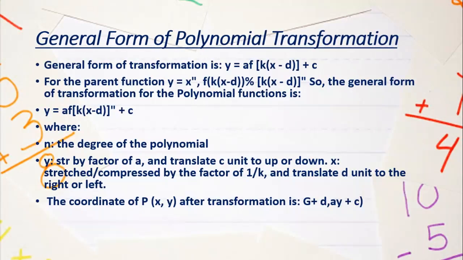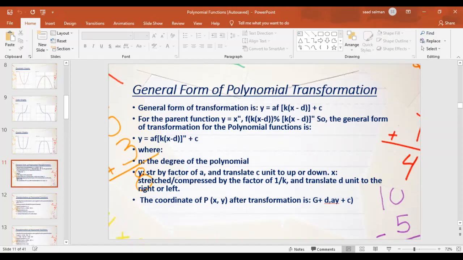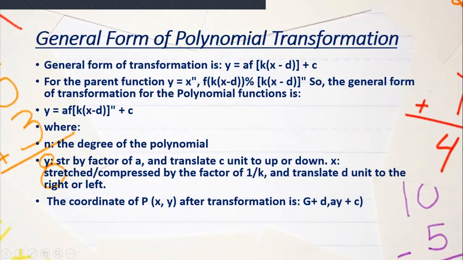Now the general form of polynomial transformation would be y = a f(k(x − d)) + c.